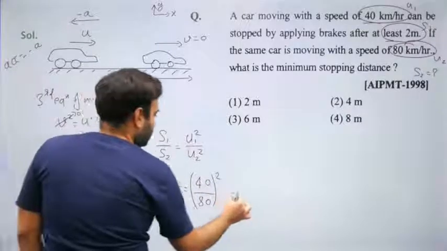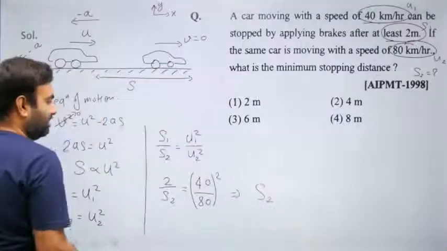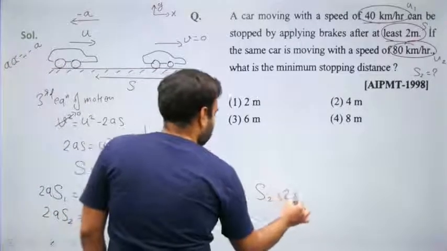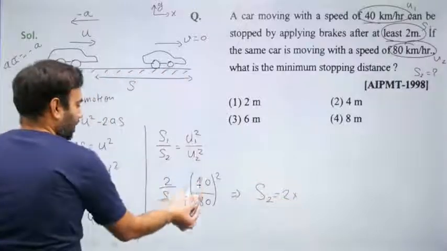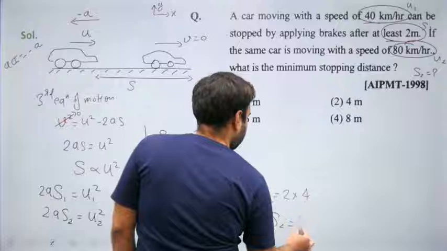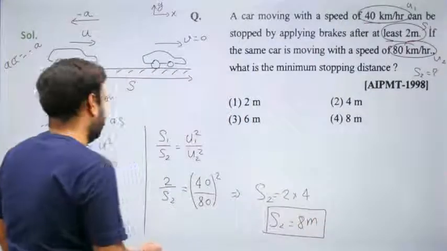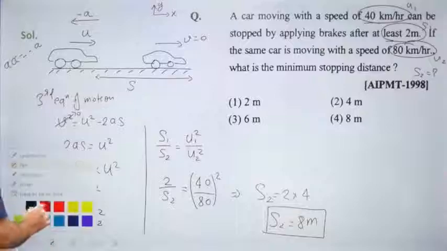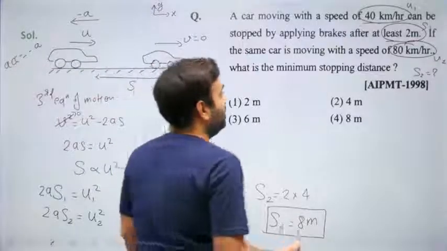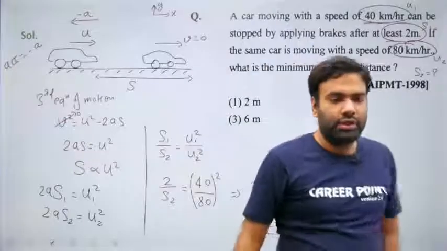So from this you will get the braking distance in the second case is equal to 2 multiplied by 2 square, which is 4. So S2 is equal to 8 meter. That means the car will travel 8 meters after application of brakes if its initial speed is 80 km per hour. So the answer is option 4. Is it clear to you?